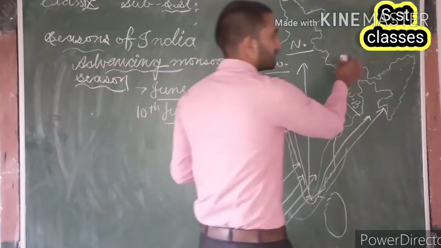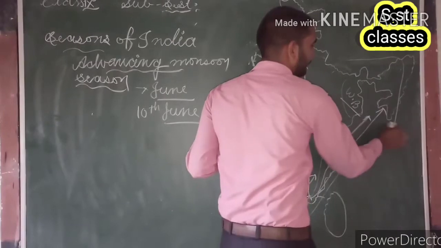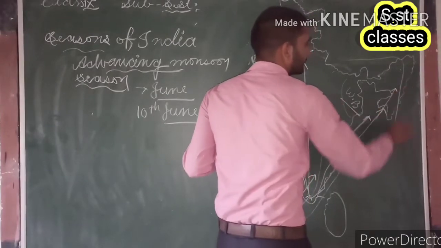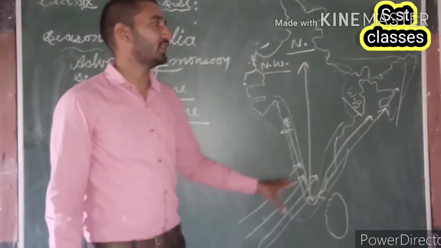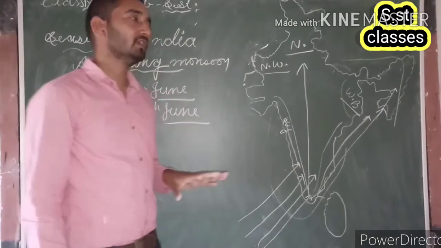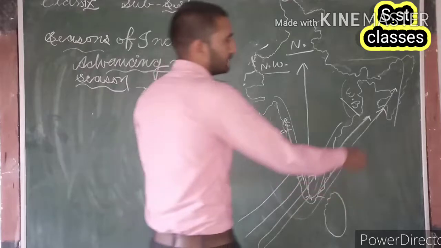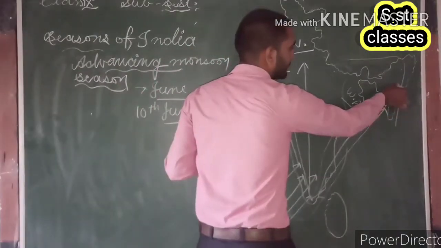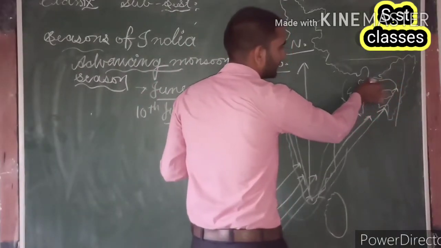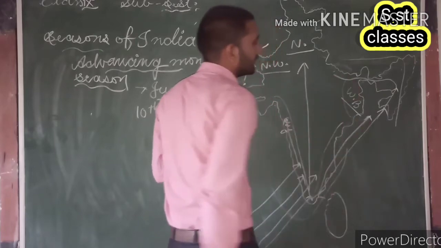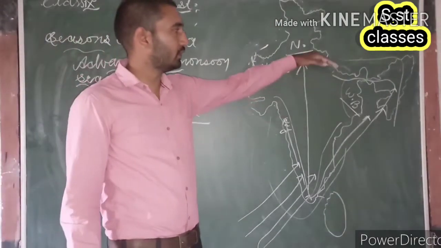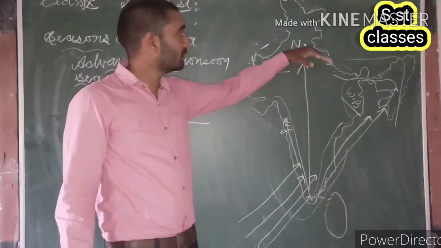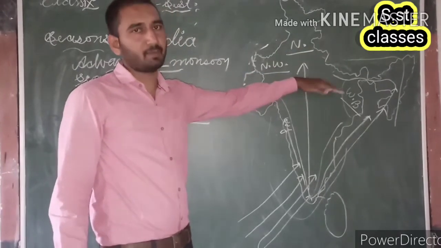Means this region of India receives high rainfall because the lofty hills create a barrier in the way of the Bay of Bengal branch of monsoon. After that, these monsoon winds move towards the western side and enter the Ganga plains and create a large amount of rainfall near the Tarai region of Himalaya.